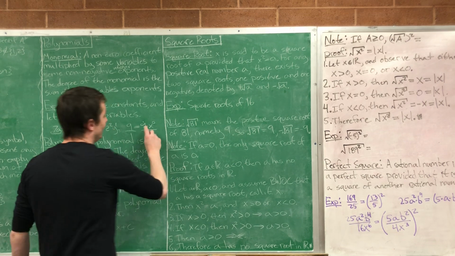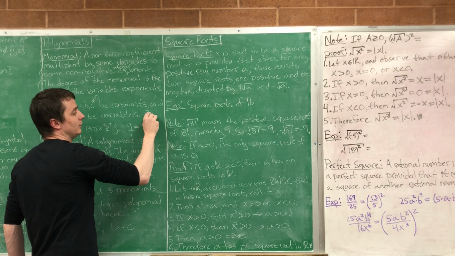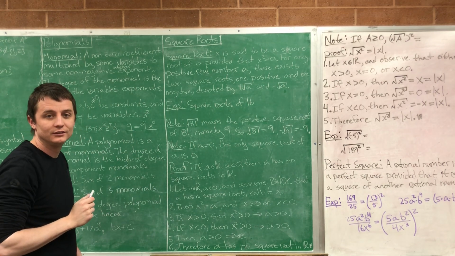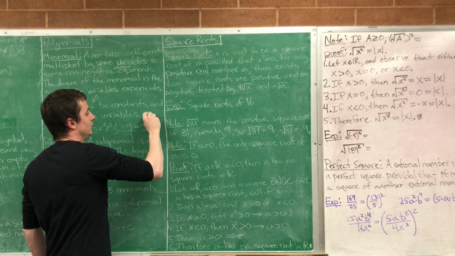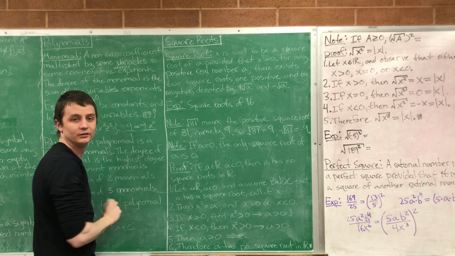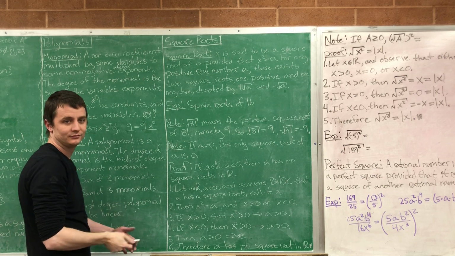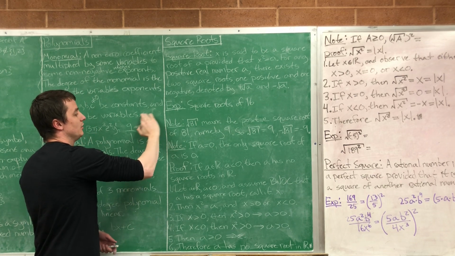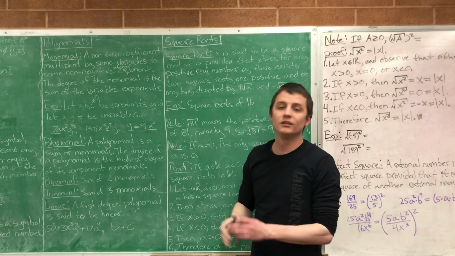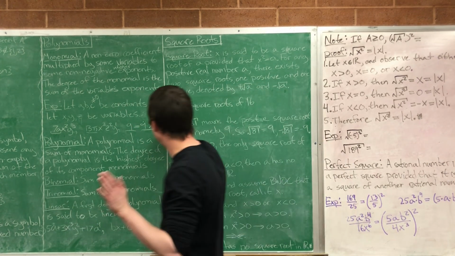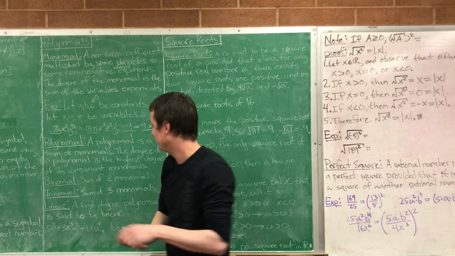I can say, is that 9 to the 1, or is that 3 to the 2, or is that the square root of 3 to the 4? Etc. So in determining the degree, we only look at the exponents of the variables, and we add them up.